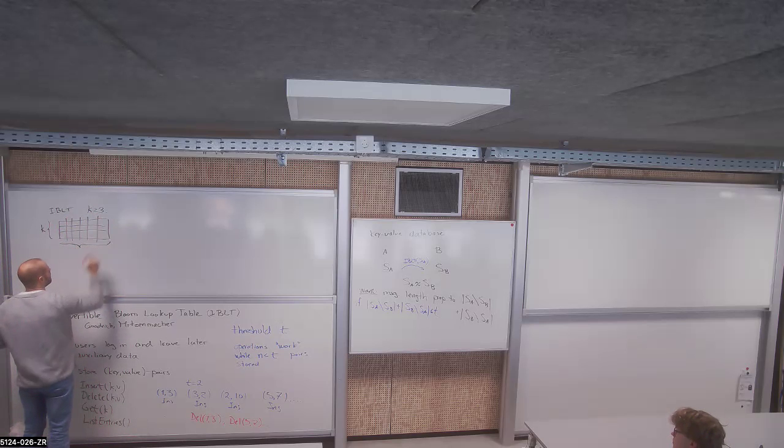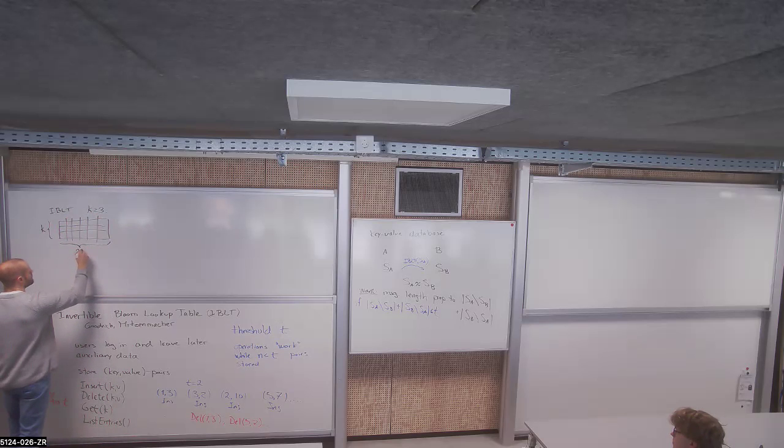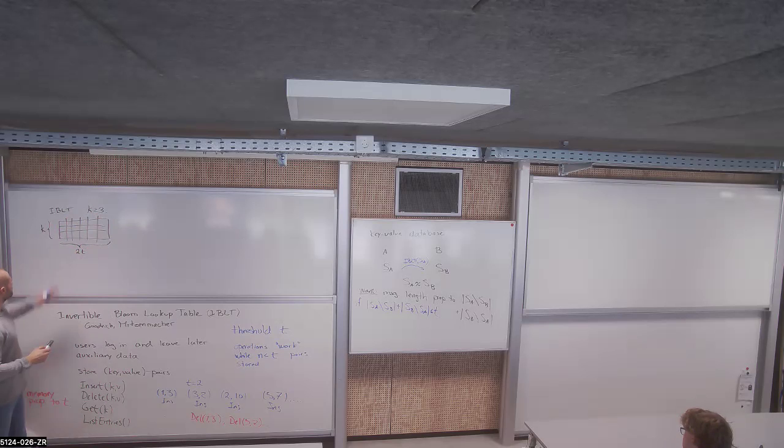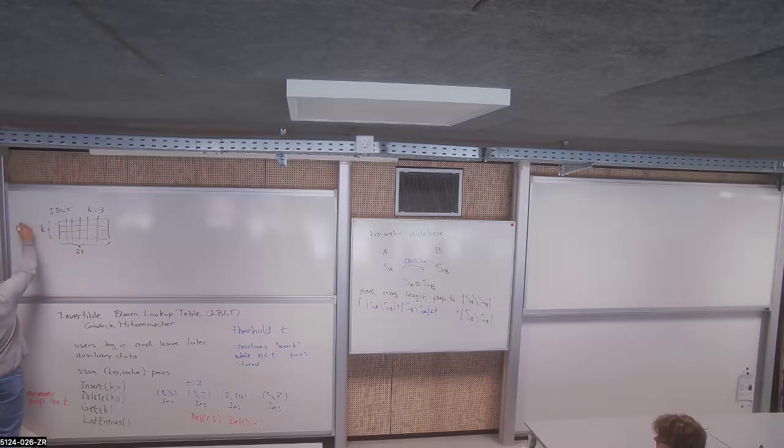For now, let us say that we have 2T columns, twice the threshold. So we have this table, and similar to all these count sketches, we have a hash function for each row of the table.